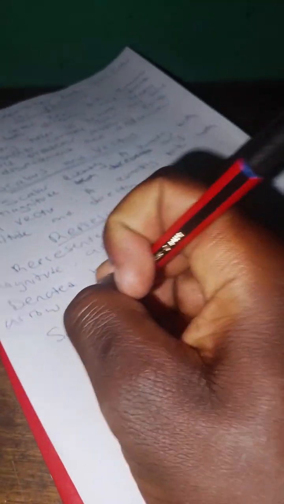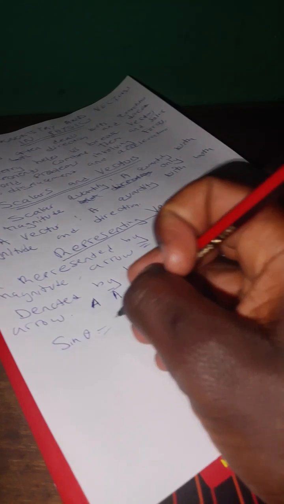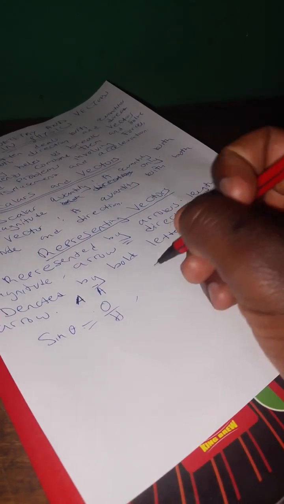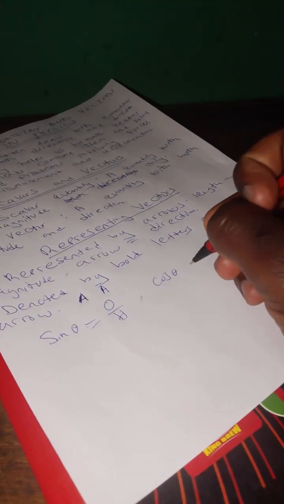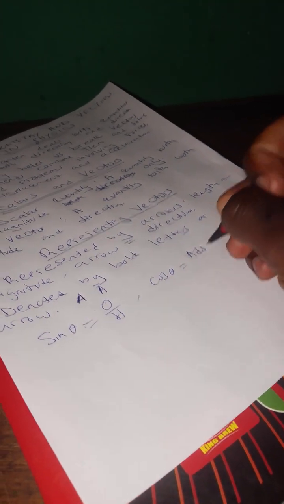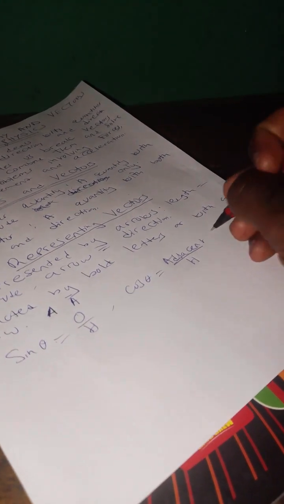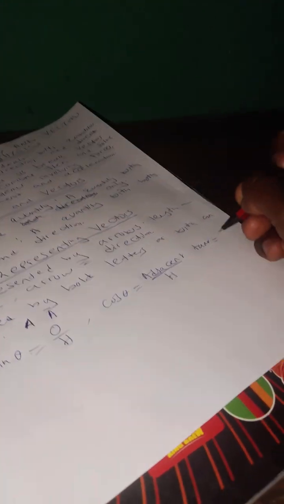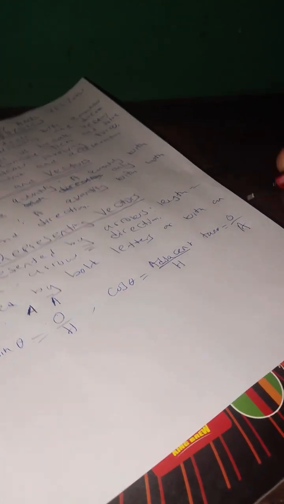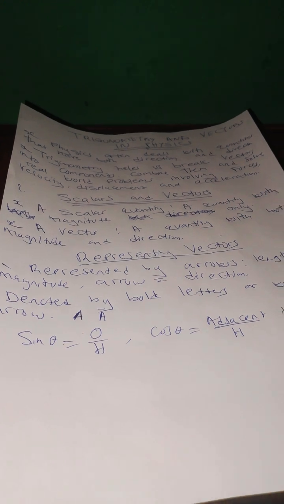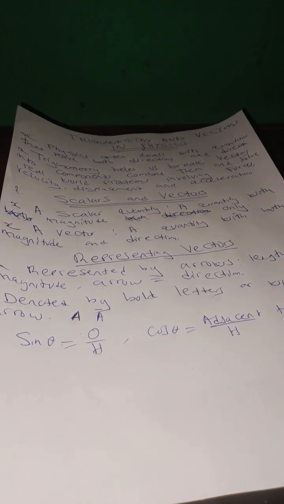So sin theta is equal to opposite over hypotenuse, cos theta is equal to adjacent over hypotenuse, and tan theta is equal to opposite over adjacent. These things are very important when you are going through this journey of vectors and trigonometry.